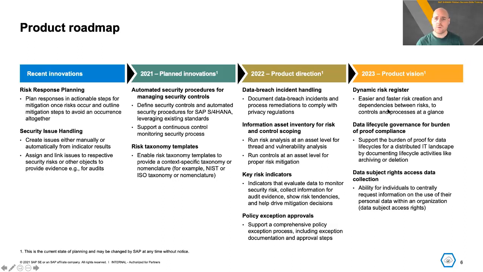So this is what we want to do long term. So there will be a dynamic risk register which enhances further the risk management. We want to do the data lifecycle governance for burden of proof. So this is an enhancement together with the data subject access rights data collection.